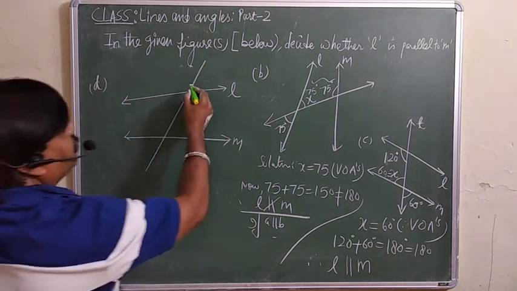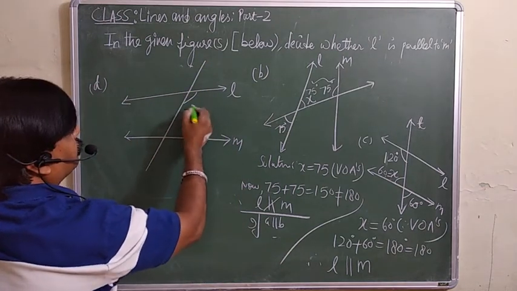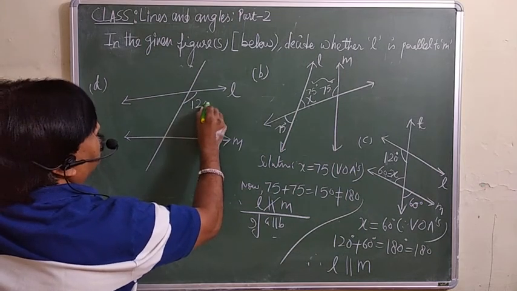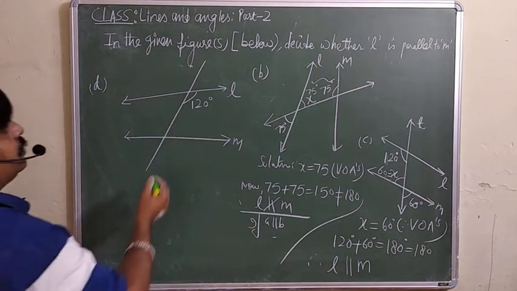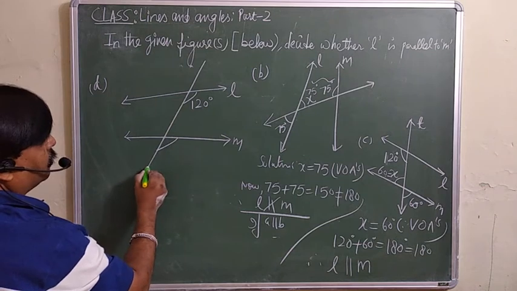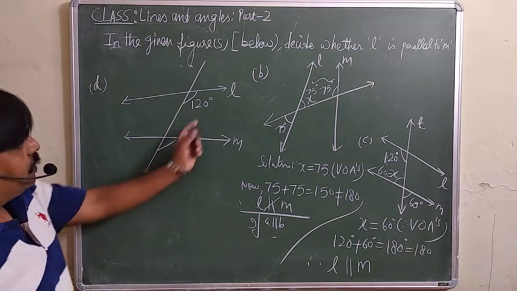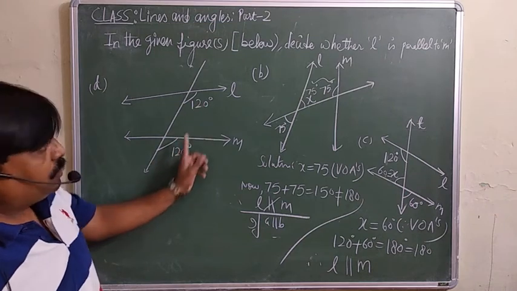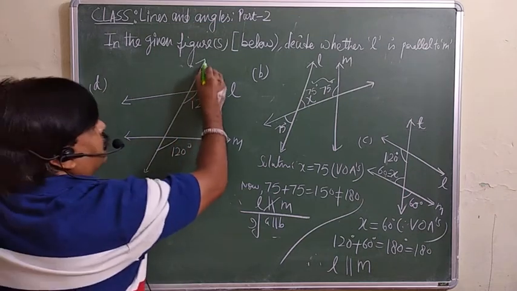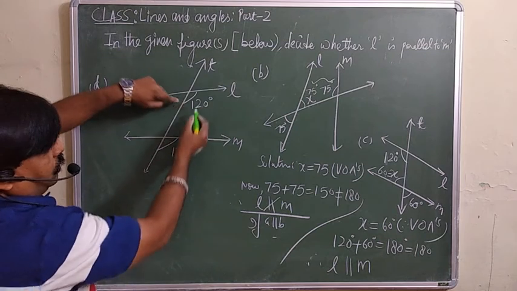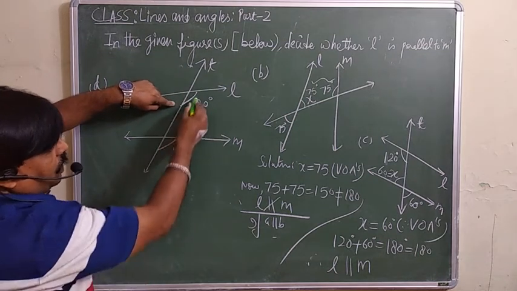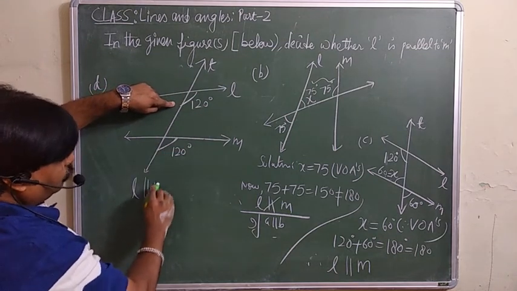Suppose this angle is given as 120 degrees, and this is also given as 120. So here are the corresponding angles. This is equal to this one, and this is equal to this one. The corresponding angles are already equal, so you can declare L is parallel to M.